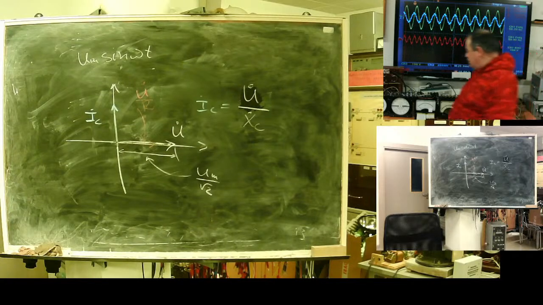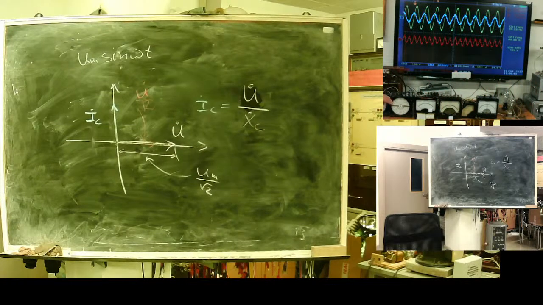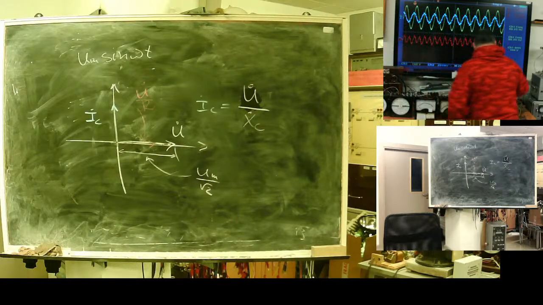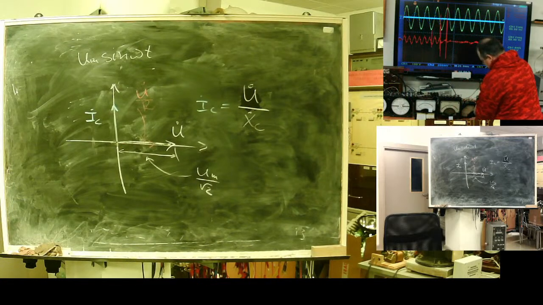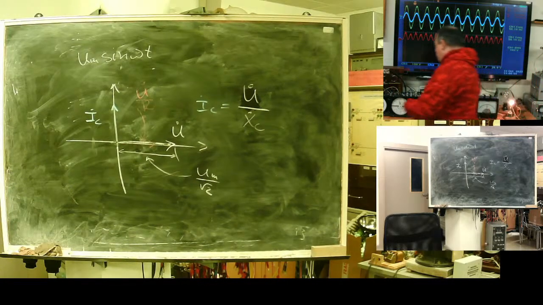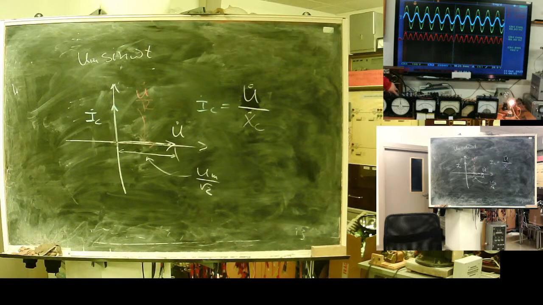Okay. See this instrument. It's a measure of the angle between current and voltage. Active load: the angle is 0. You see, 0 is here.